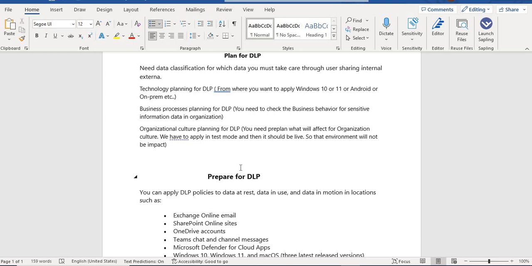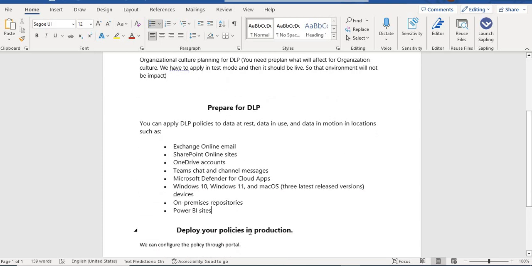In the next video, I will configure the DLP policy in production, and I will show you how it is working and what the impact of this is, and how DLP is capturing your data, and how you will get notifications and alerts when any user tries to send data to an external user, how you can block that, or how you can track who is trying to send the data to an external user.